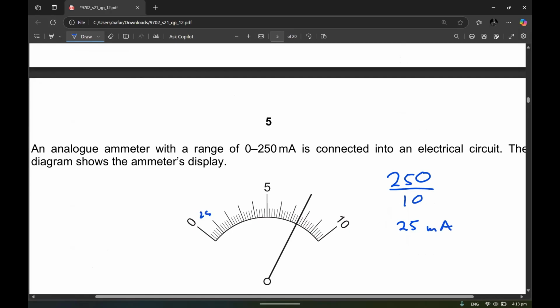So this is 25, this becomes 50, 75, 100, 125, 150, 175, 200, 225, 250.